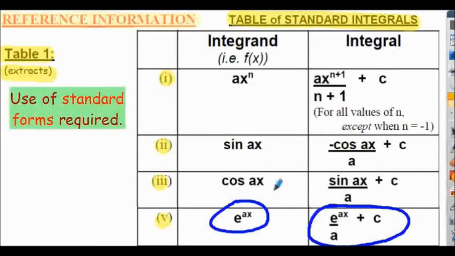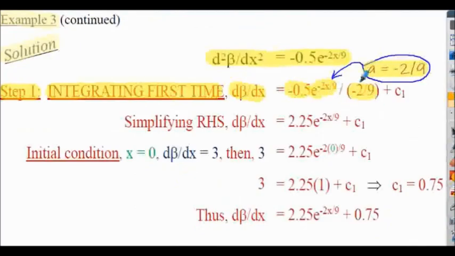We refer back to our standard tables of integrals. E to the ax integrated becomes e to the ax divided by a plus our constant of integration. So note in this case our a is negative 2 divided by 9. So that's why we're dividing by negative 2 divided by 9. And of course we add our constant of integration c1.